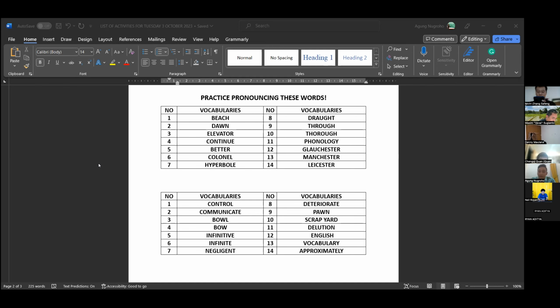Actually, they are the same words, and most likely the pronunciations are very similar as well. It's really depending on the way you say. There is nothing wrong in that.